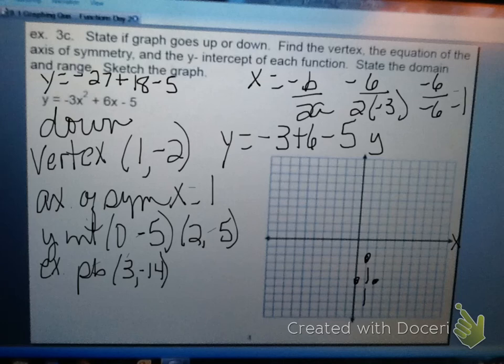I have two options. I cannot plot it, or I can just extend it, which is way down here.